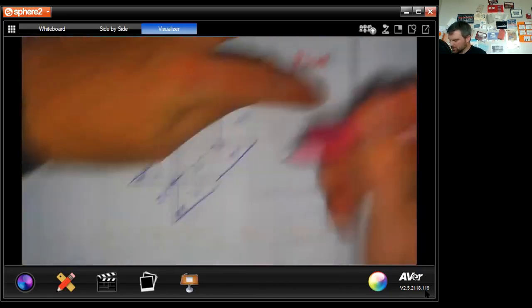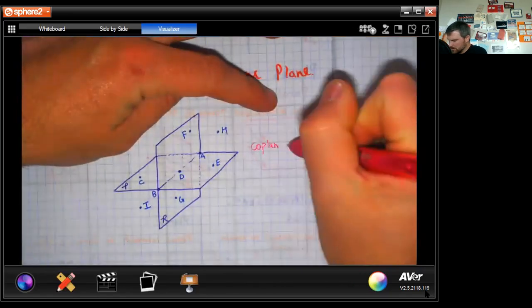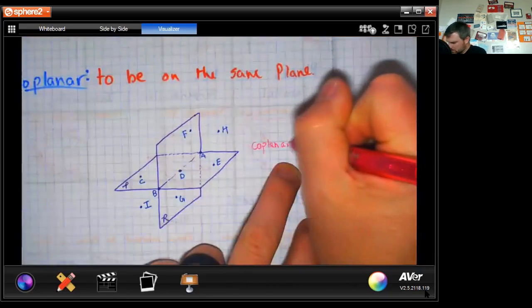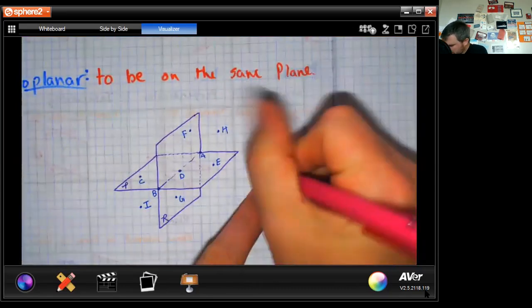So let's look at some coplanar points. Okay, let's just label 3 of them.